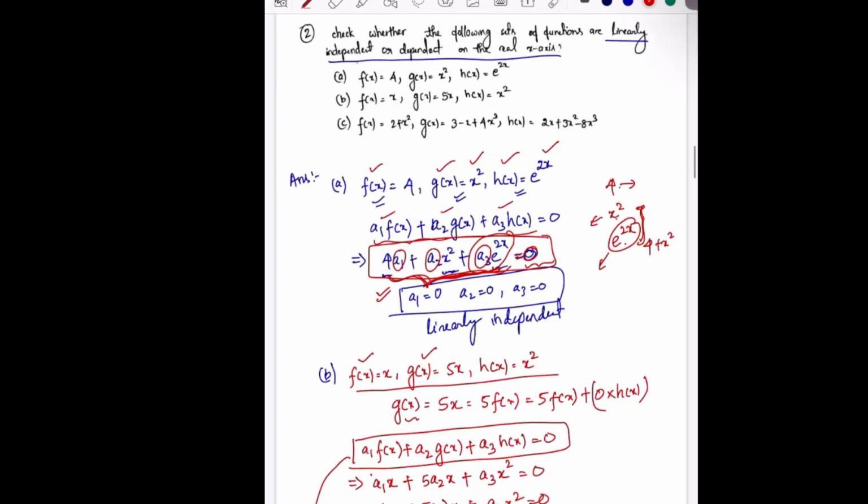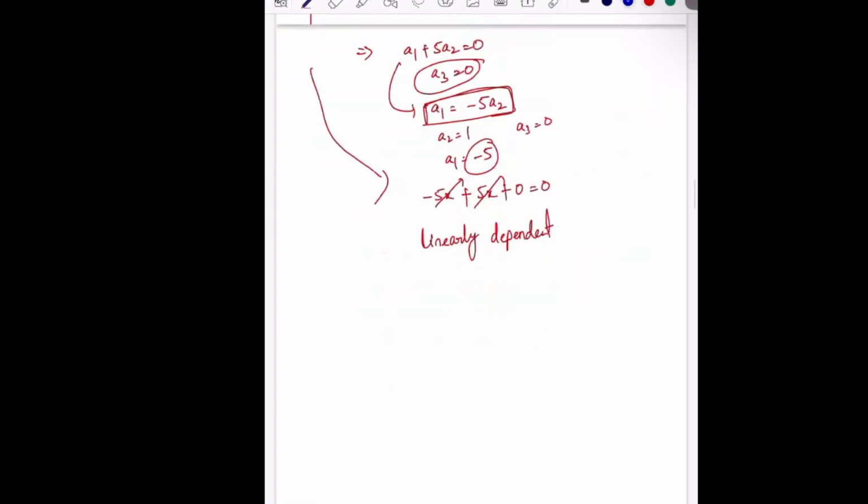In the third one, let's solve the third question. F of x equal to 2 plus x square, g of x equal to 3 minus x, 4x cube, and h of x equal to 2x plus 3x square minus 8x cube.